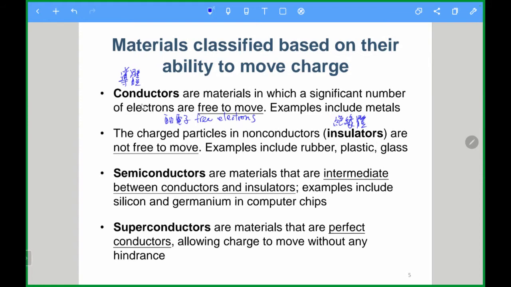Between the conductor and insulator, there are something called semiconductors. Semiconductors are materials that are intermediate between conductor and insulator, including silicon, germanium, and computer chips. In high school chemistry, you should have learned the periodic table.